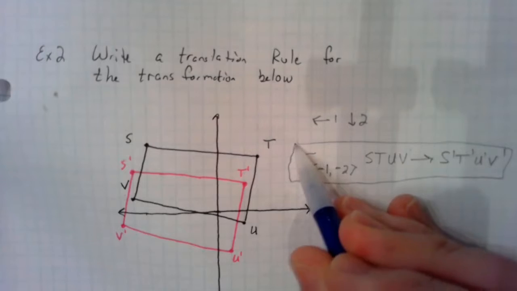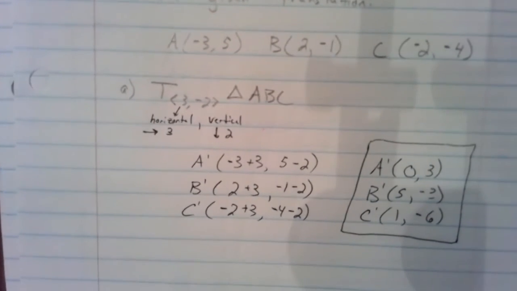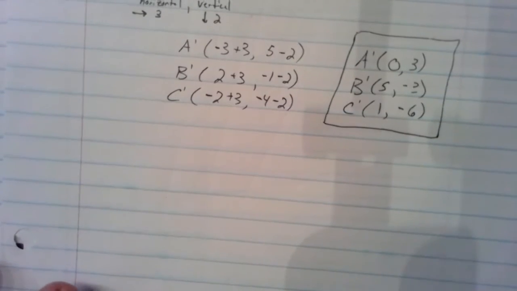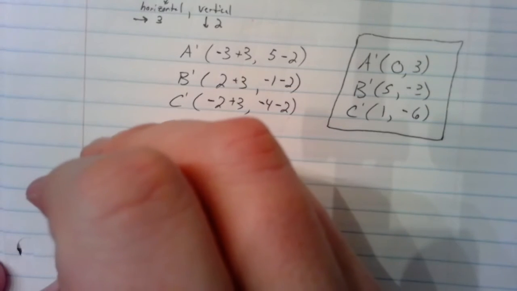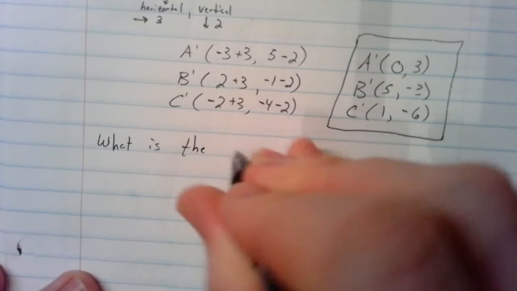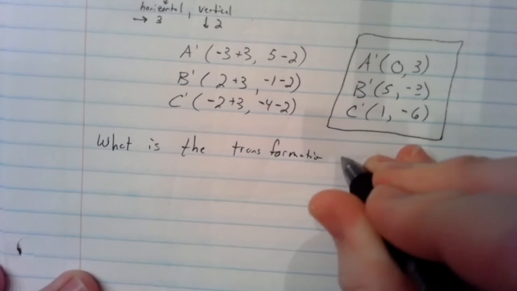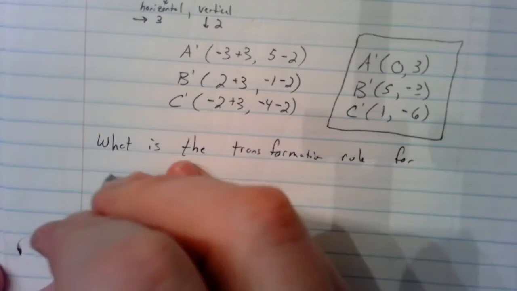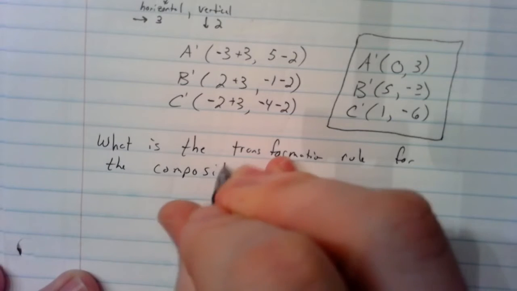Okay. Now the next thing we're going to look at is composition of transformations. So we're going to take a look at some composition of translations. All right. So here, for this next problem, we're going to say, what is the transformation rule for the composition of the following translations.